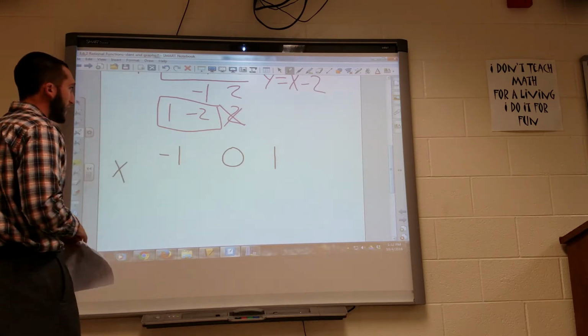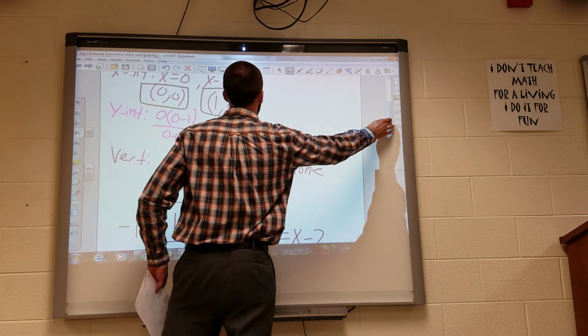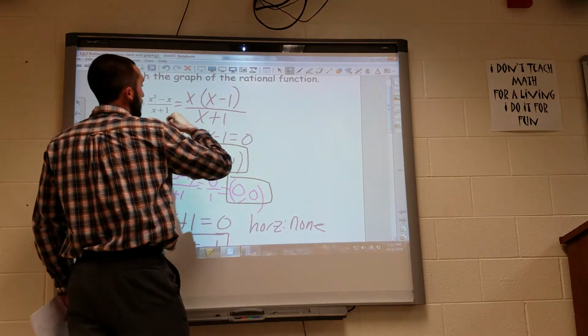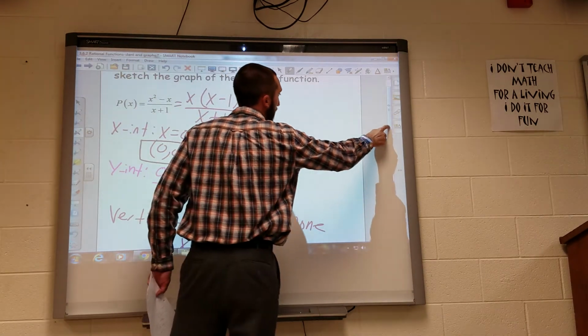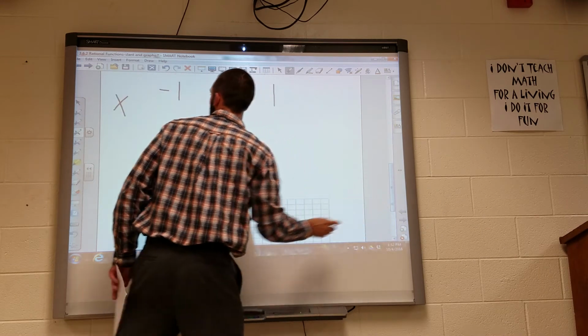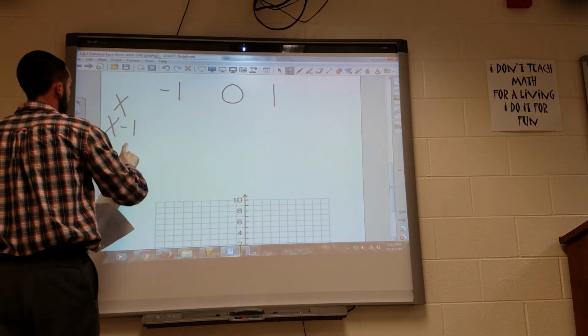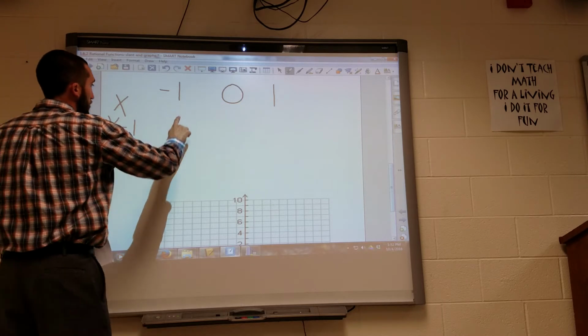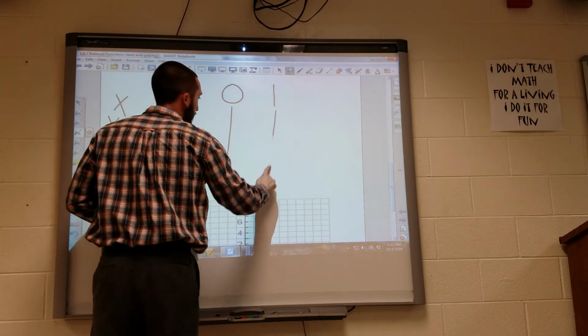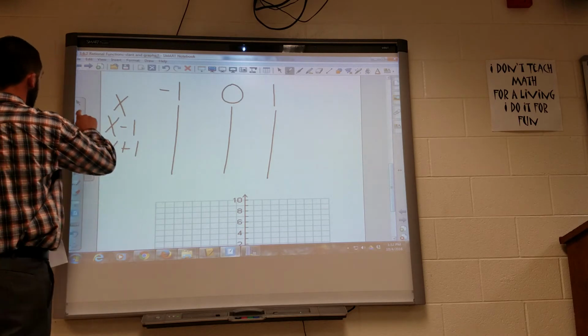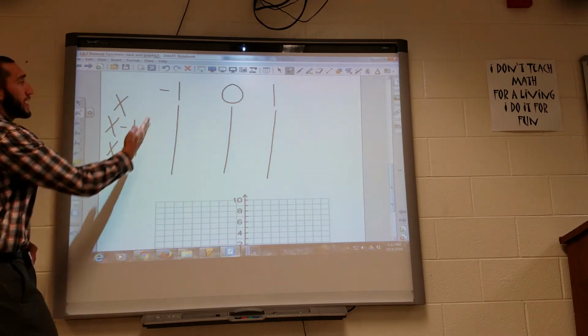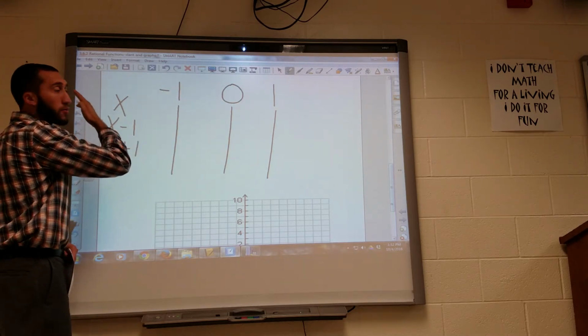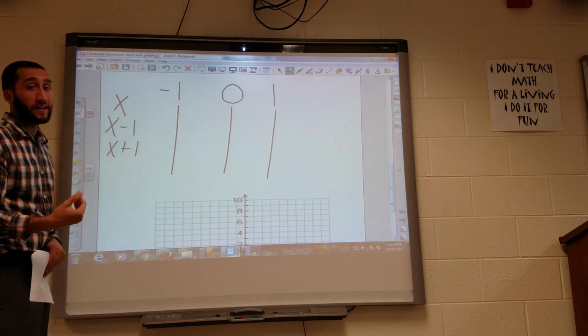We had the factor of x, right? When we factored it out, we had this factor x. We had the factor x minus 1, and we had the factor x plus 1. Okay, and now draw your line below your critical numbers so we don't get confused. Now, if I plug in a number less than negative 1, I'm going to pick negative 2.